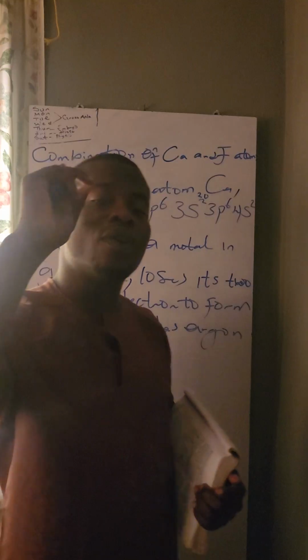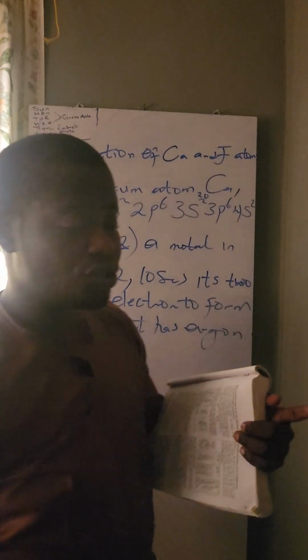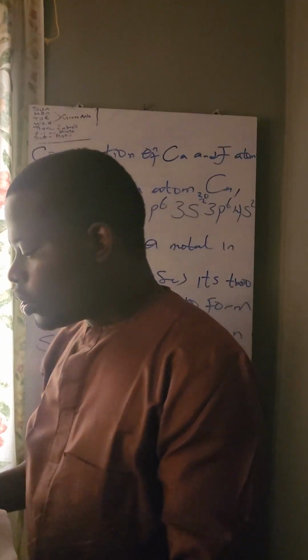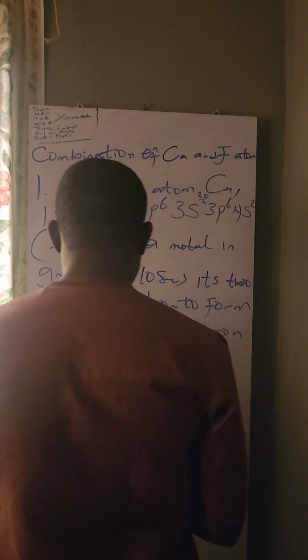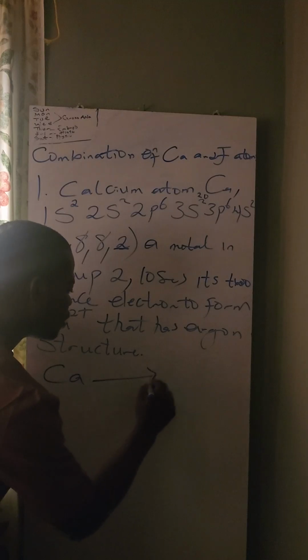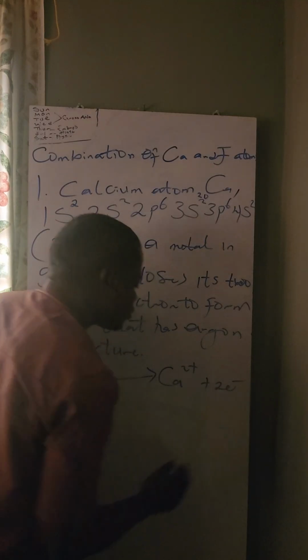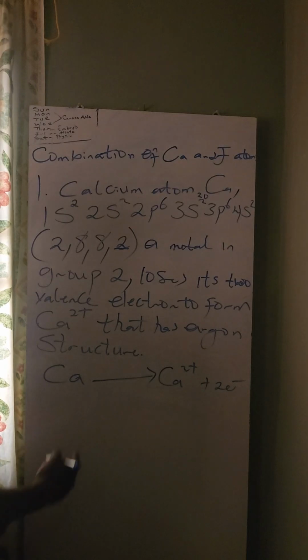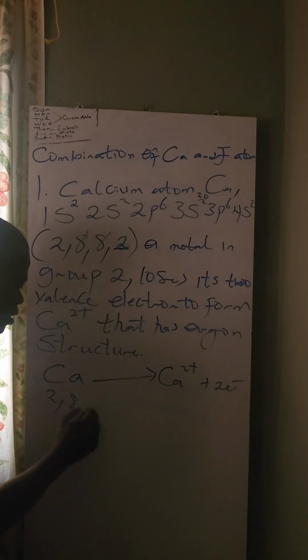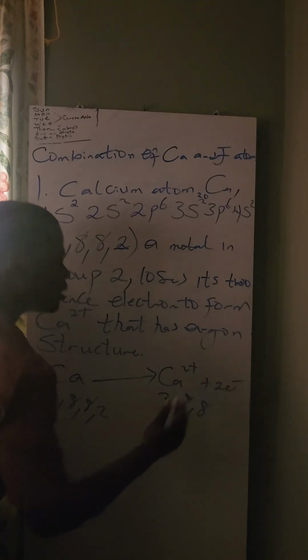In the beginning of the first video, I mentioned that argon is a noble gas. So let's look at this. Ca loses 2 electrons: Ca2+, 2e minus. Lose 2 electrons, 2,8,8.